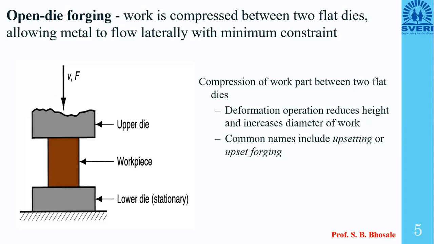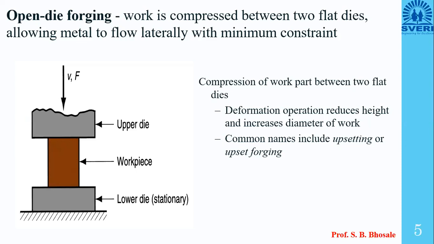So in this open die forging, the most important point is that both the dies are open. Both dies open means both dies are flat. They do not have any kind of grooves. No grooves, nothing will be there on the dies.